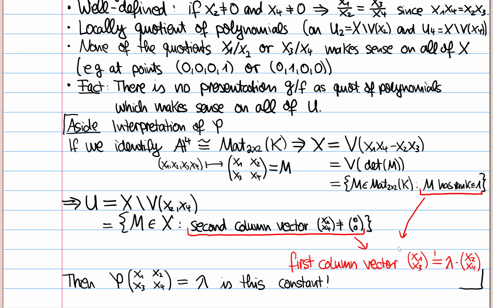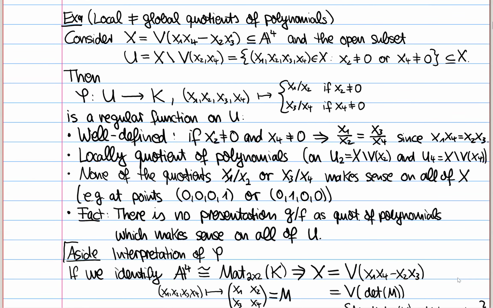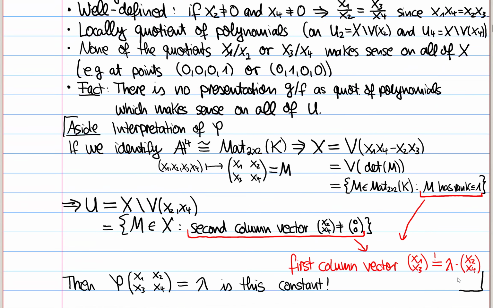So what we could check here is that this function, sending a matrix in this open set to exactly this number lambda, is a regular function. And I think that's a much more natural interpretation than just staring at these quotients of polynomials. And that is something which might actually appear in some math problem that you want to solve. Okay, so this was the treatment of regular functions, and next we start studying their properties in more detail.